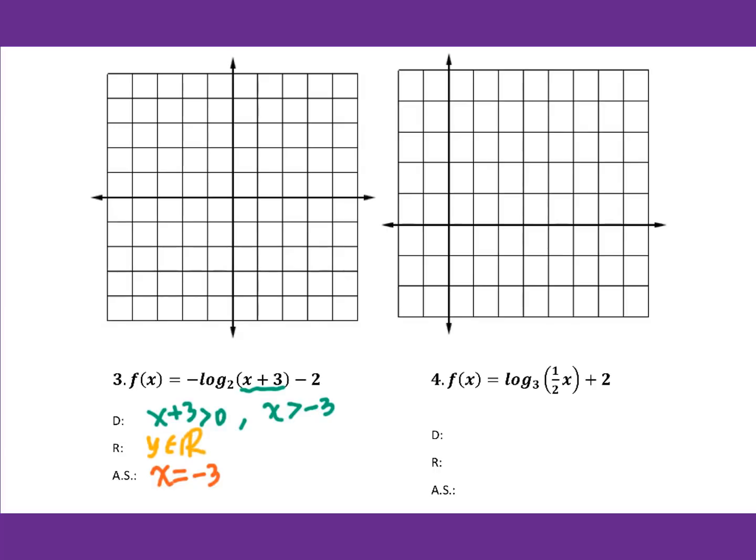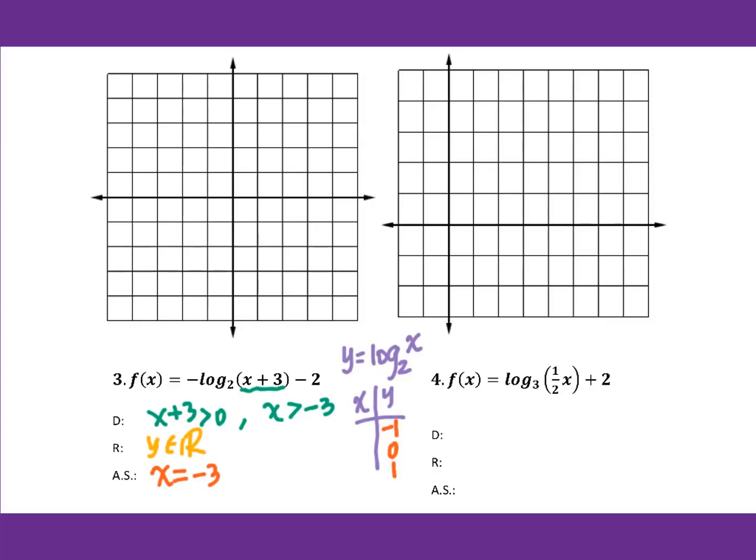First of all, we still get the parent function y equals log base 2 of x. Then we get the points. This time we have to use range is -1, 0, 1.